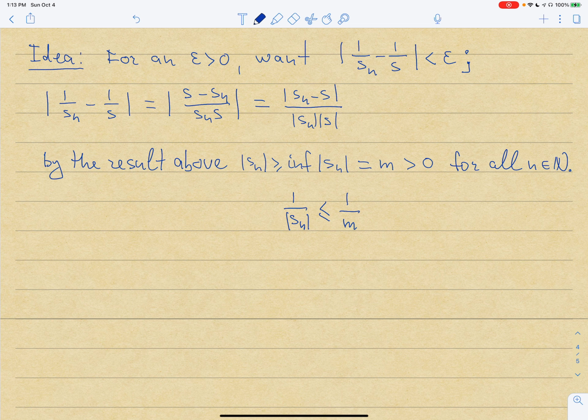So if absolute value of Sn is greater or equal than little m, a positive number, then 1 over absolute value of Sn is less or equal than 1 over m by properties of ordered fields again. And so then I can utilize this expression above. So then this is less or equal than absolute value of Sn minus S divided by little m times absolute value of S.